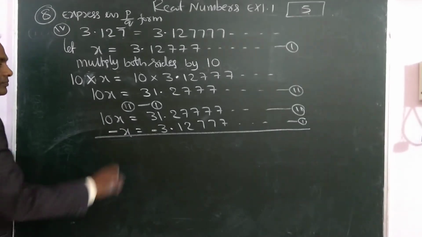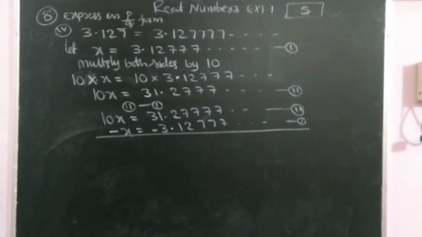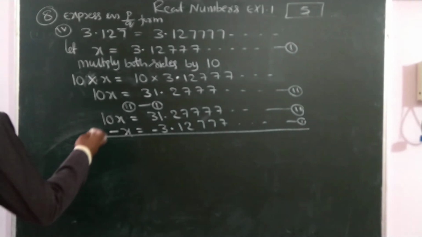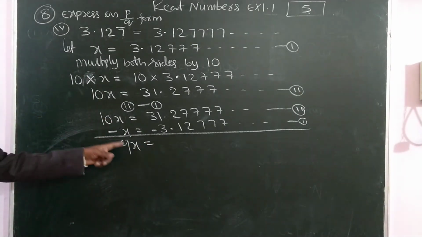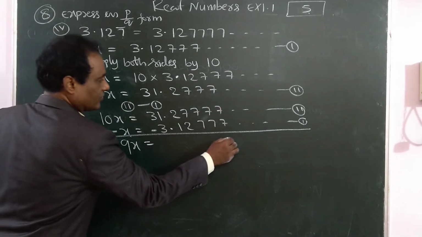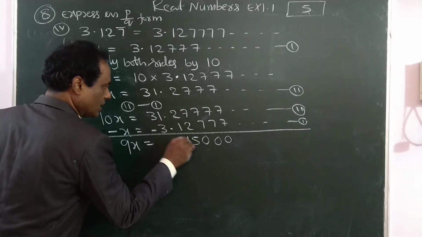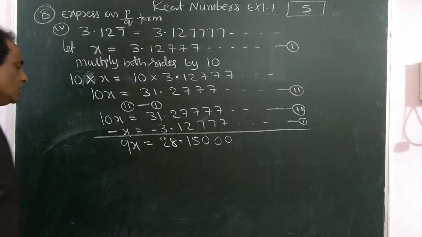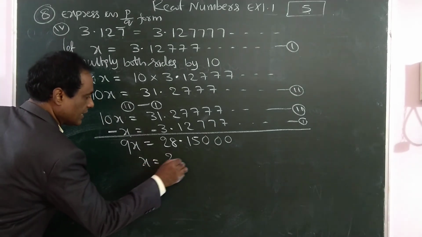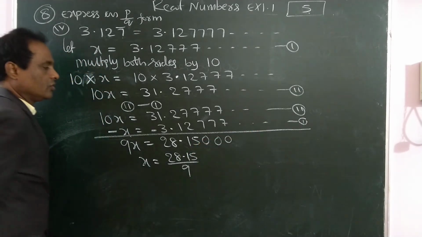Subtract. 10x minus 1x is 9x. 7 minus 7 is 0, 0, 0, 7 minus 2 is 5, 2 minus 1 is 1, decimal, 31 minus 3 is 28. So x is equal to 28.15 by 9. Zeros no need.